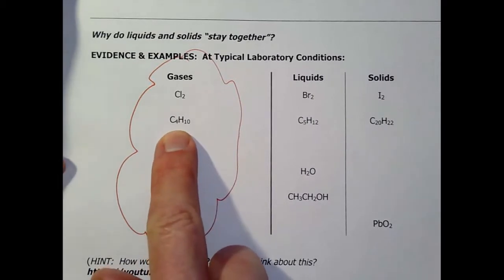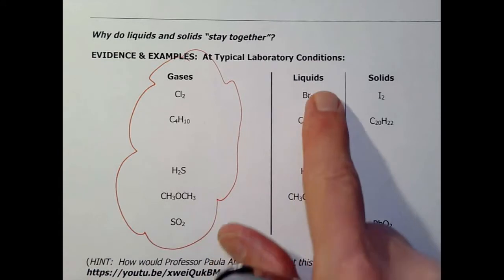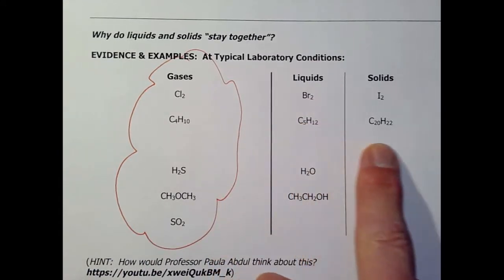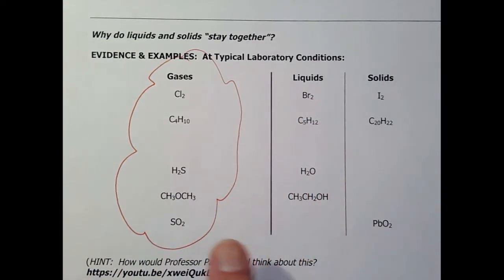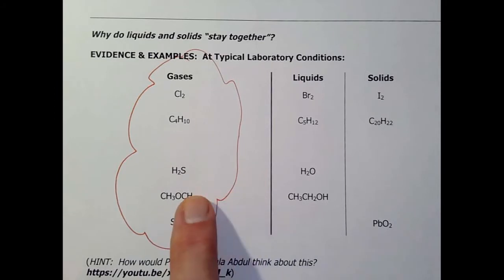Similarly, this C4 hydrocarbon, butane, is a gas, C5 is a liquid, C20 is a solid. And similarly SO2, PbO2, they're very similar, yet gas and liquids and solids.